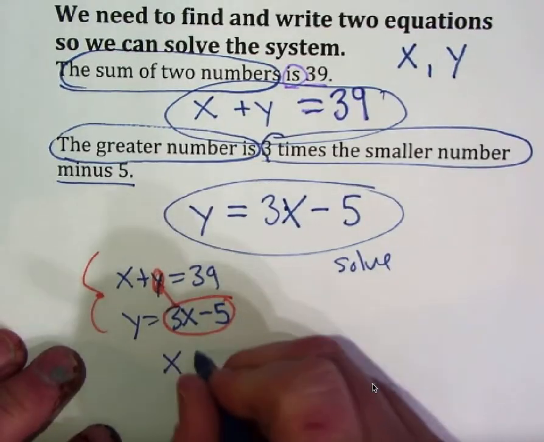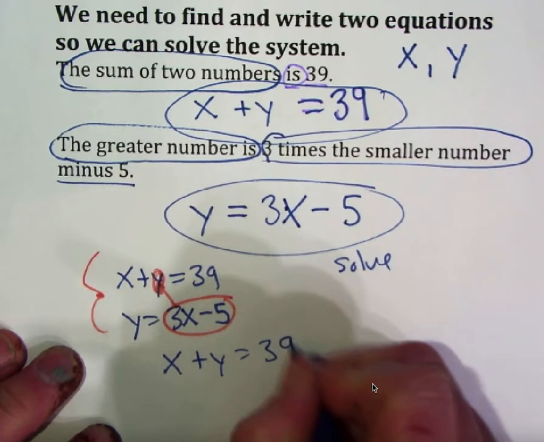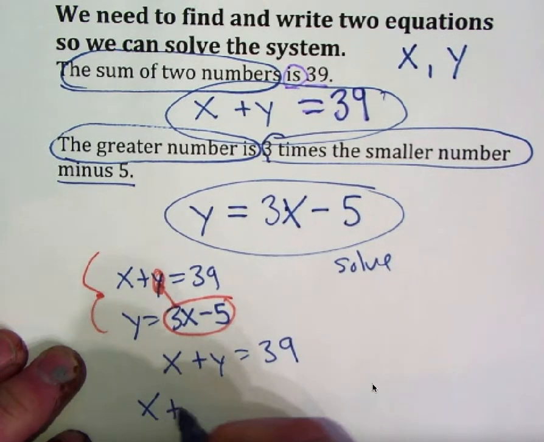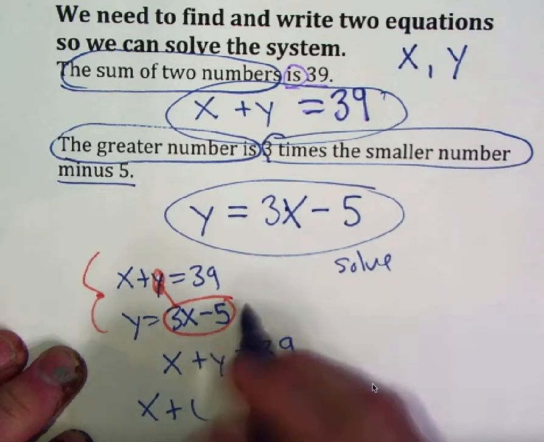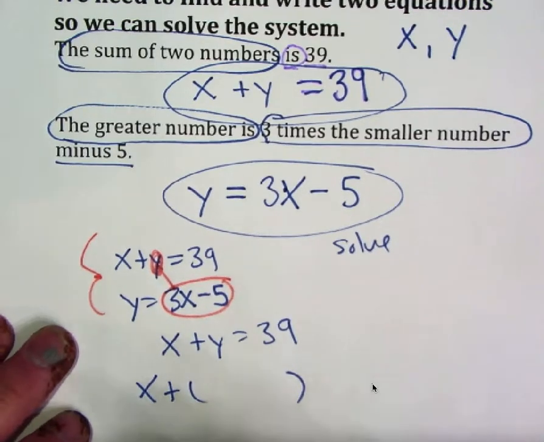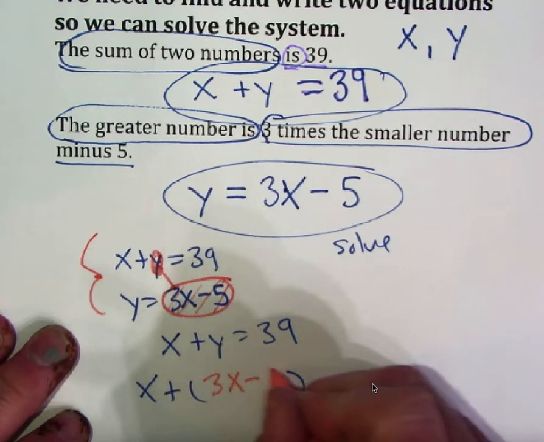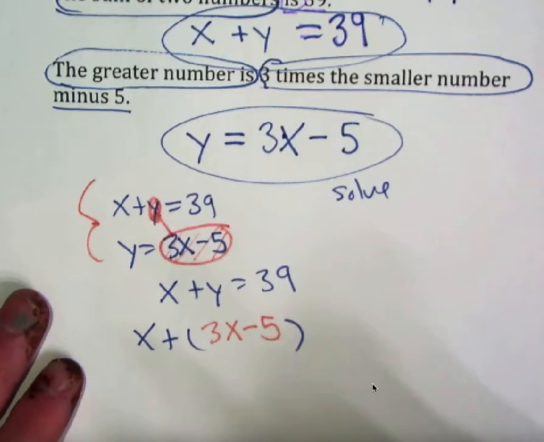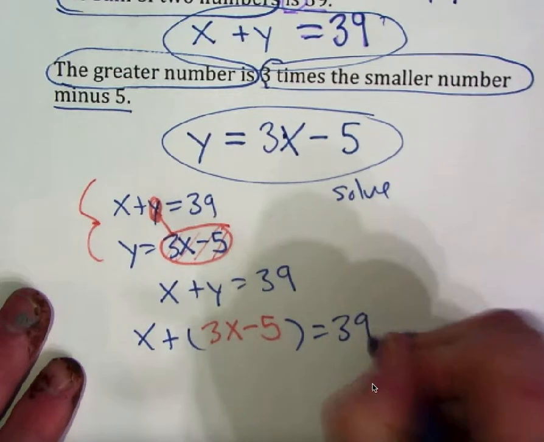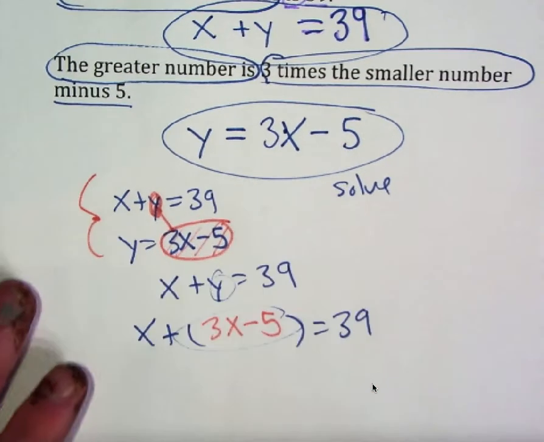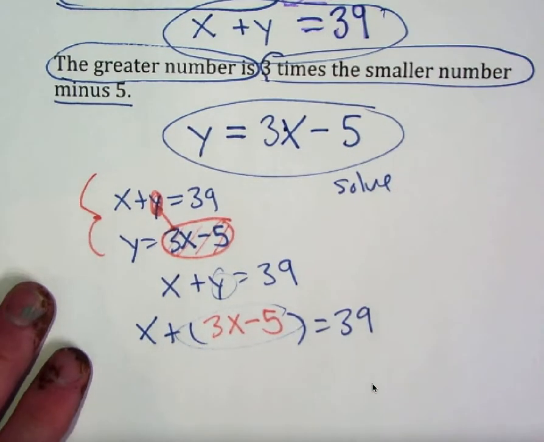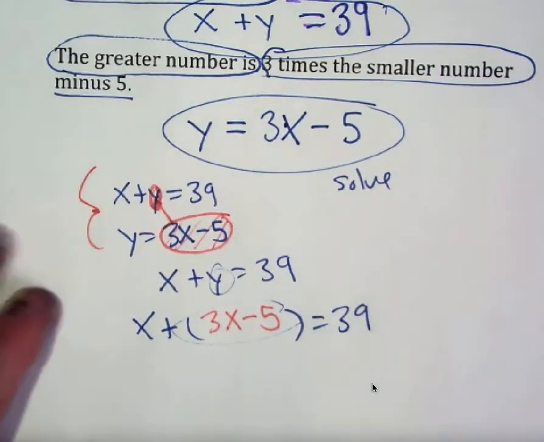So x plus y equals 39. x plus, well, I'm going to replace y with what the second equation says y is, which is 3x minus 5, equals 39. I can swap y for 3x minus 5. Awesome.